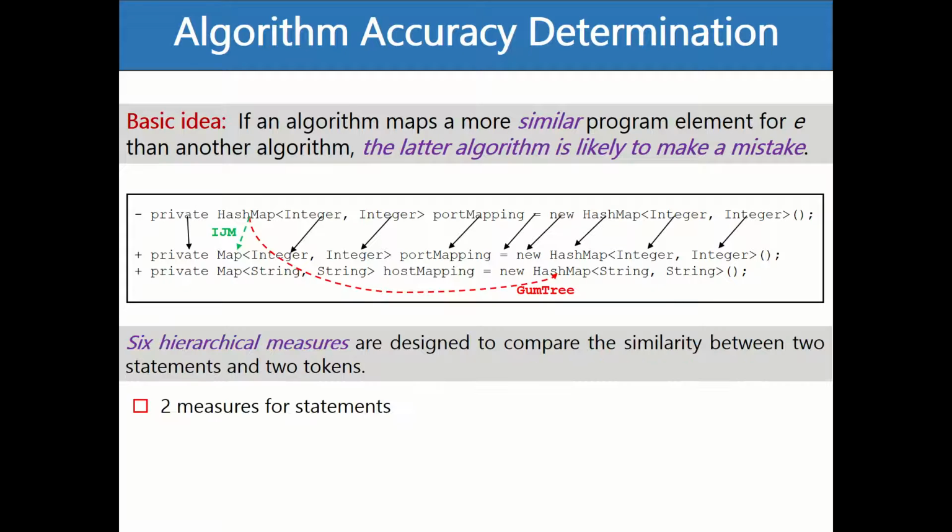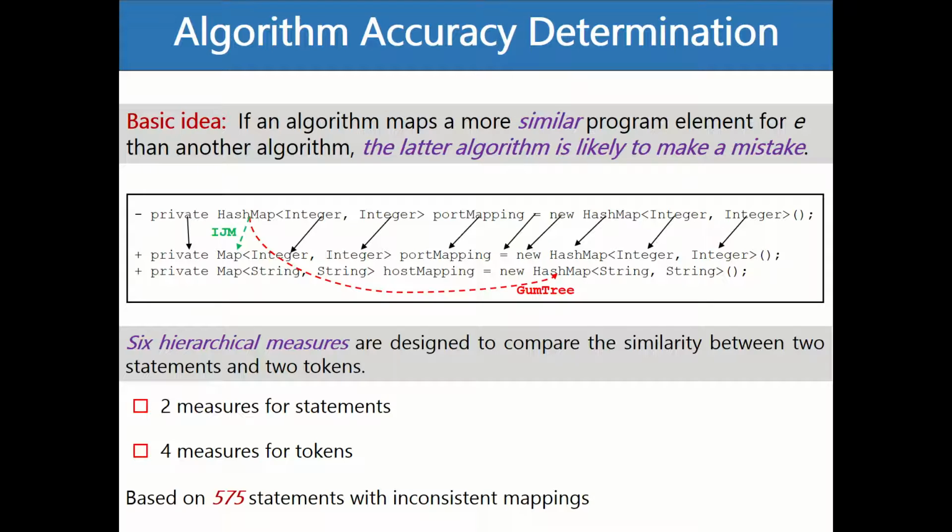In total, we designed 6 hierarchical measures to compare the similarity between 2 statements and 2 tokens, in which 2 measures are designed for statements and 4 measures are designed for tokens. These measures are designed based on our manual analysis of 575 statements with inconsistent mappings as generated by AST mapping algorithms.